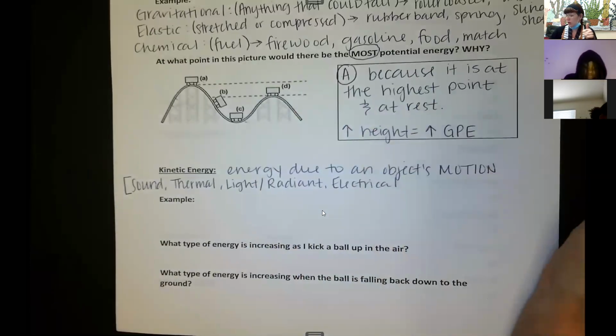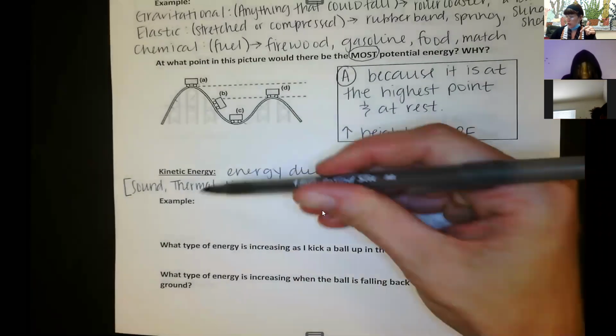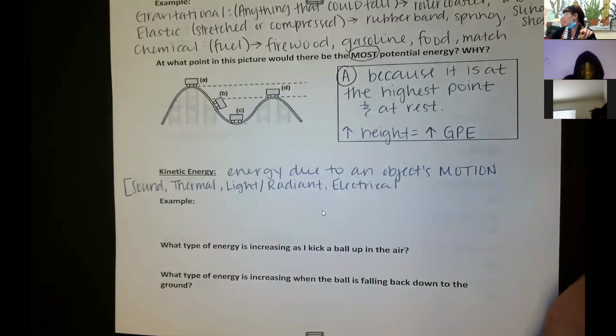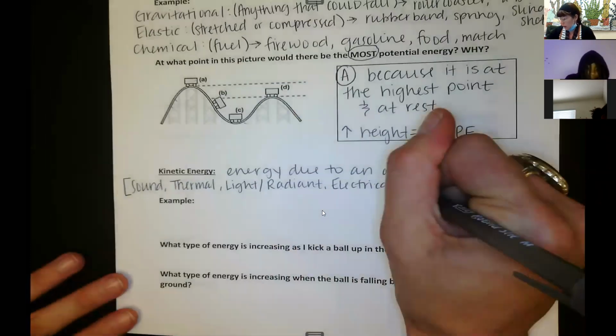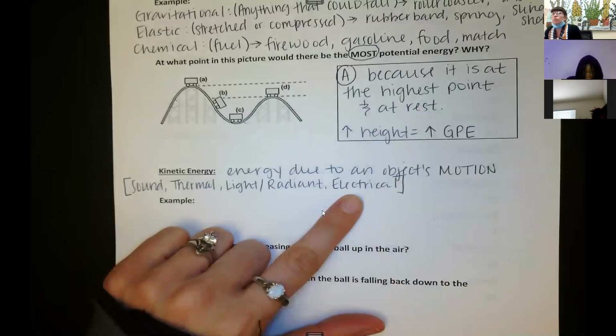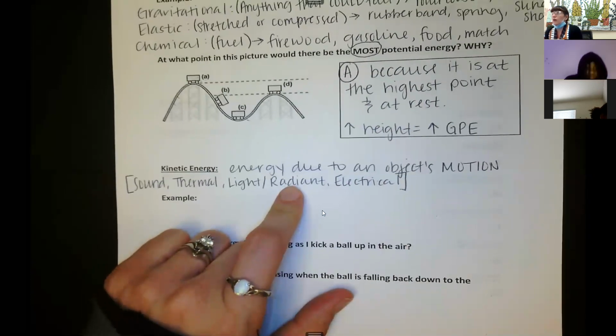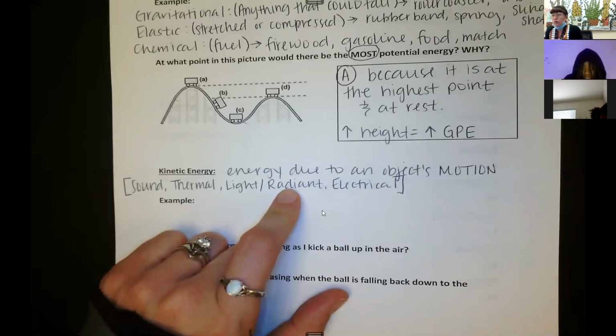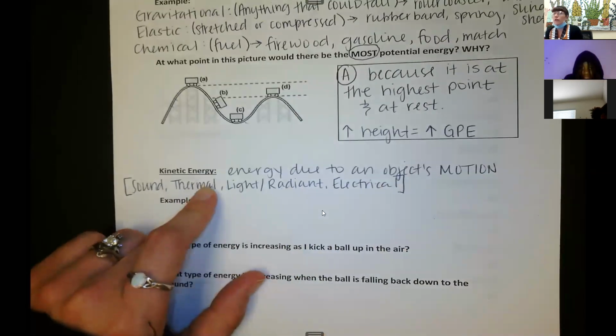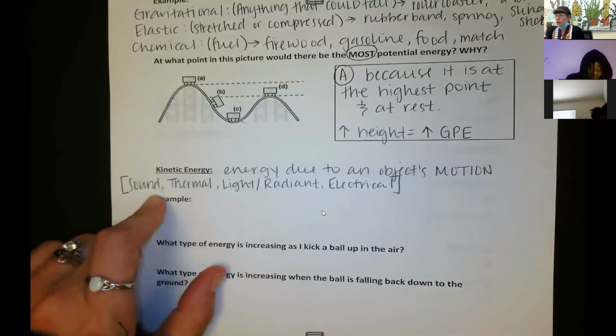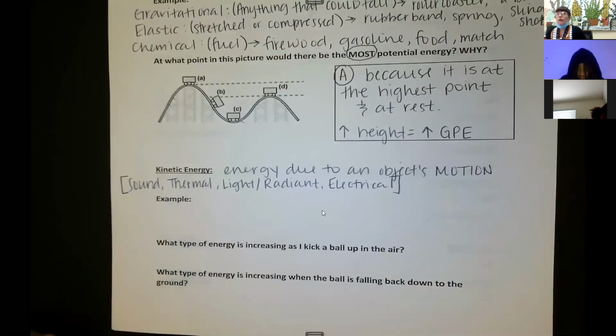And then mechanical is a combination of both potential and kinetic. But electrical is movement of electrical currents. Radiant is electromagnetic rays, the movement of those rays. Thermal is movement of air molecules. Sound is vibration. All of those involve movement.